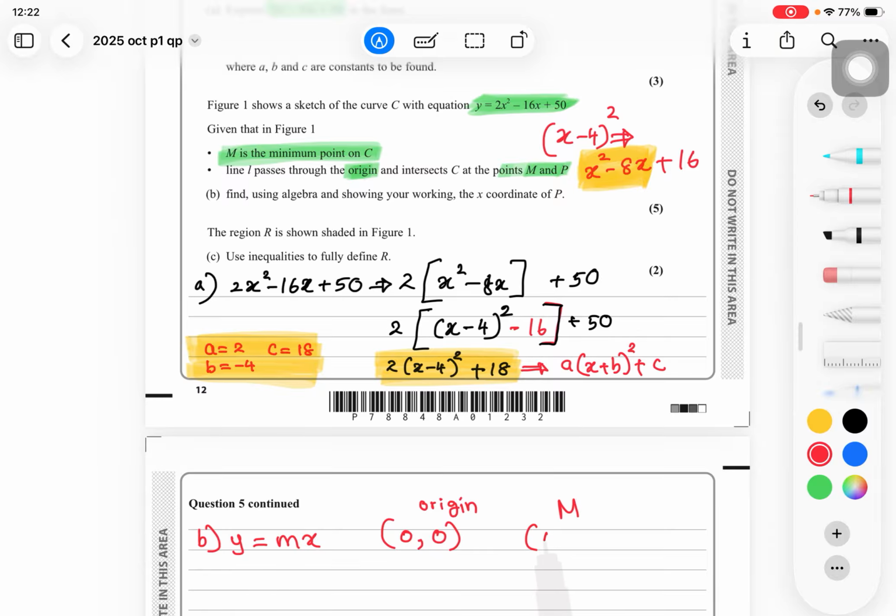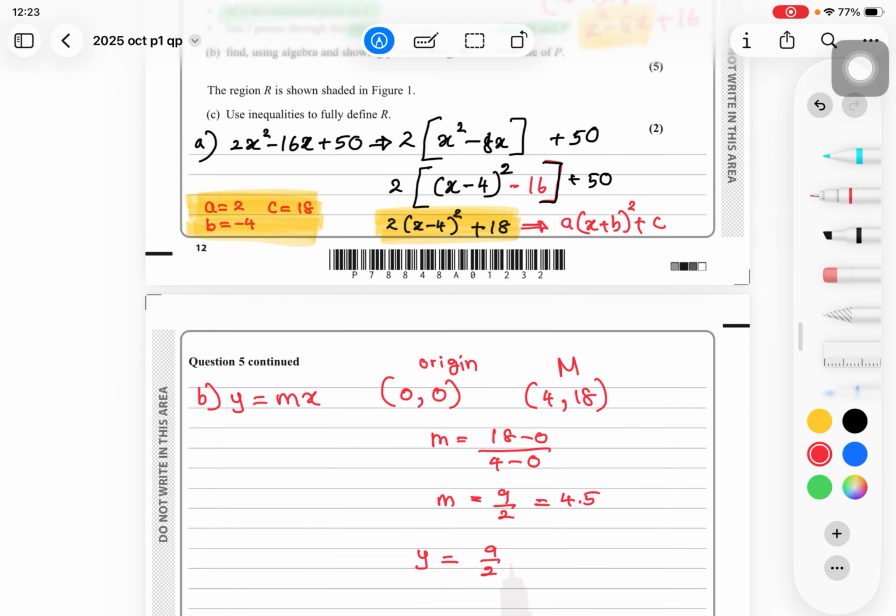Another one is the M coordinate, which is 4, 18. Once we have two coordinates, we can easily find m. M will be change in y divided by change in x, which is 18 minus 0 divided by 4 minus 0. Now we have 9 divided by 2, which is 4.5. So our equation is y equals 9 divided by 2 x. This is how we get all the information.